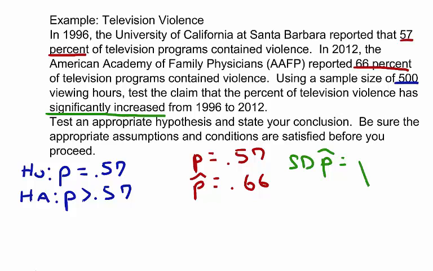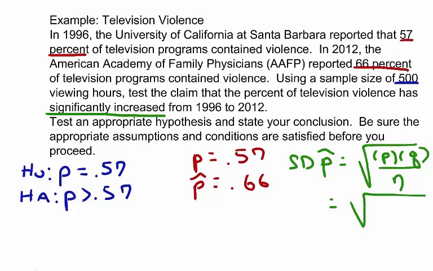The standard deviation for P hat, in other words, the standard deviation for our sample proportion, is found by taking the square root of P, our population proportion, times Q, the complement to our population proportion, in other words, our probabilities of success and failure, divided by our sample size, N. So the standard deviation for P hat will be 0.57 times 0.43, all divided by our sample size of 500.